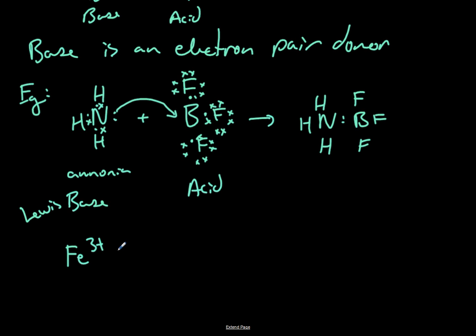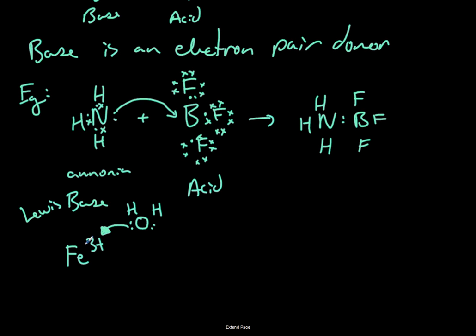Okay, so what it'll do is, if we have some water around, water will be strongly associated with this positive ion because water is polar and it's got these bare electrons hanging out on it.